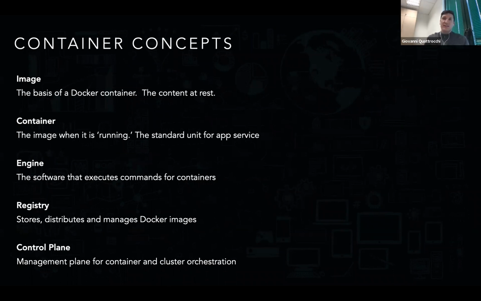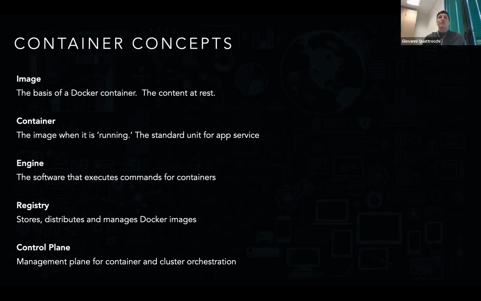You have the engine, which is the software that executes the commands for creating the containers, changing the resources dedicated to the container, changing the volumes attached to the containers, so which folder of the host operating system the container can access, and so on. Then you have a very important concept, the registry.